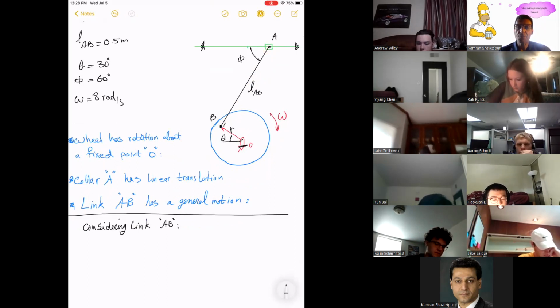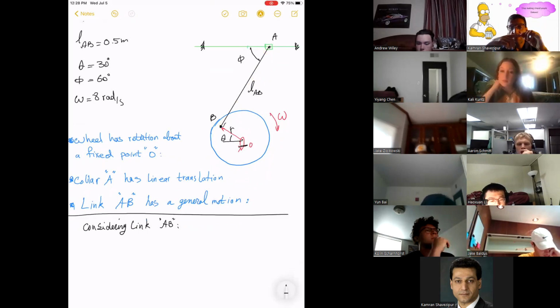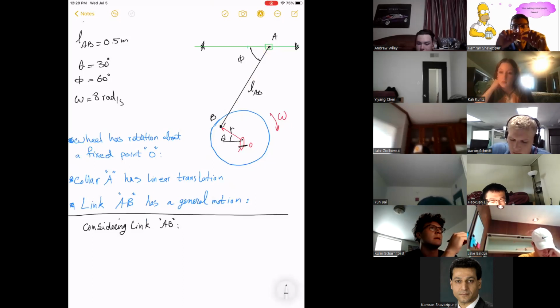Point B, remember, these are pin joints, right? So technically point B is a pin that is a part of the wheel, the blue wheel, and also part of the link AB. Point A is a pin that goes through the link AB and also through the collar, the green color, so it's a part of both.